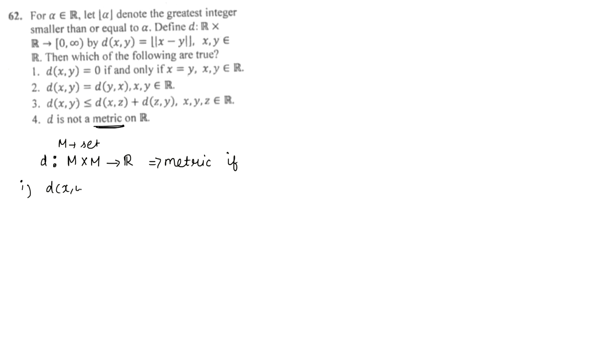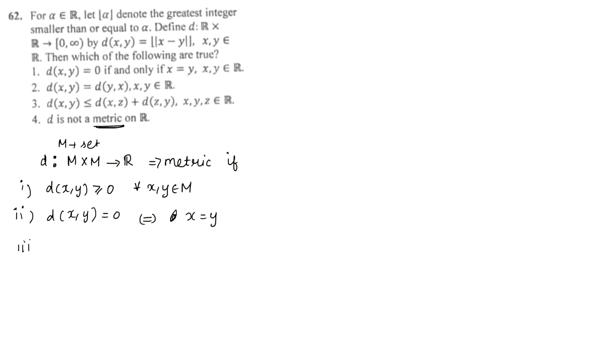First, d of x comma y is greater than or equal to 0 for every x comma y belonging to M. Second, d of x comma y is equal to 0 if and only if x equals y.